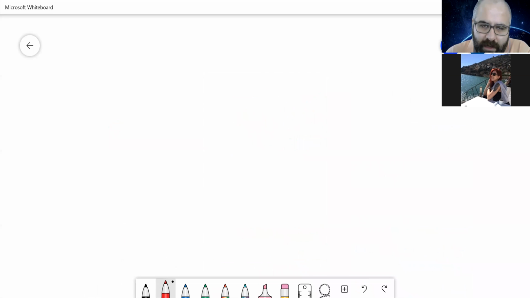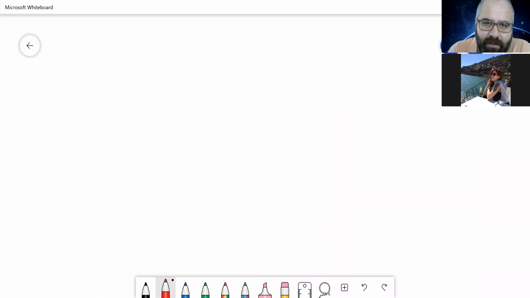Now, what is the implication of this? Well, usually we define the Walrasian equilibrium in this way. It is a price vector. So let's write a formal definition.